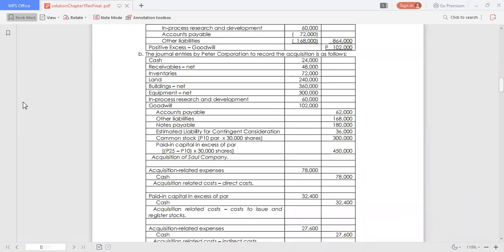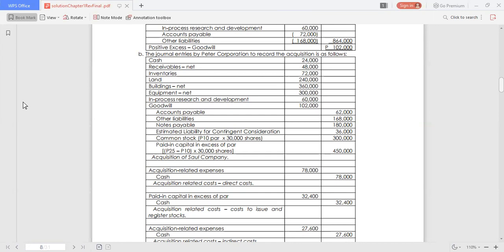Total. Let's try with the debit side. Debit side total of 24 and 48 is 72. Then 72 and 240 is 312, 360 and 300 is 660 plus 60 is 720, and then we have 102.